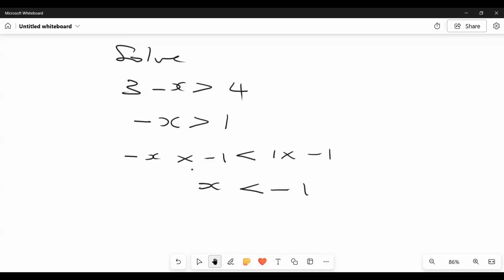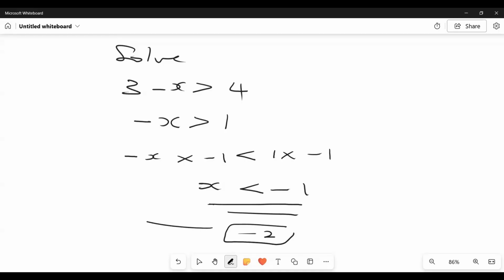Right? And to show you that that reversal of the inequality sign is necessary, just think about it. All right, watch. According to this solution, x is less than minus 1. So x could be, let's say, minus 2. Let's try minus 2 in this inequality and see what happens.